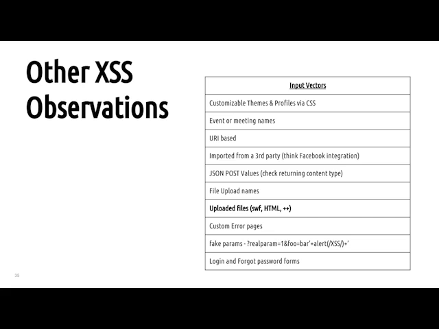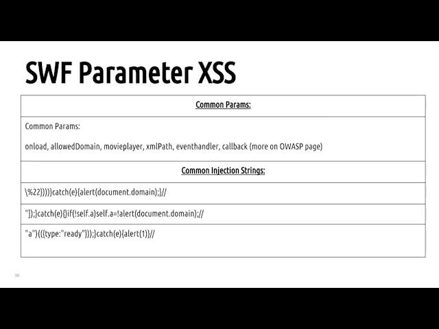If you have a site that's importing Facebook data or integrating with Facebook, obviously Facebook protects itself from most cross-site scripting attacks, but you can set your Facebook or your test Facebook account to a script tag or a cross-site scripting attack, and then a site that you're working on that is importing that information might not escape those characters, the characters that usually cause the cross-site scripting. So you can import data from Facebook and actually execute cross-site scripting based on the integration. And so that's a really good one.